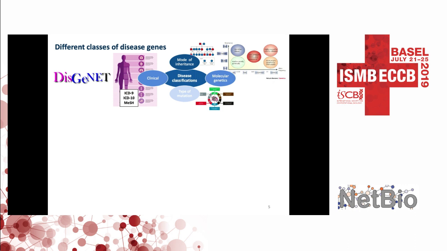First, we tried to have a very clear, or the clearest possible, definition of disease classes, and this is not a simple question, because although there are different classifications, ontologies and controlled vocabularies that we can use to define different classes of disease genes, it's not easy to find gene sets that are very well validated for different disease classes.